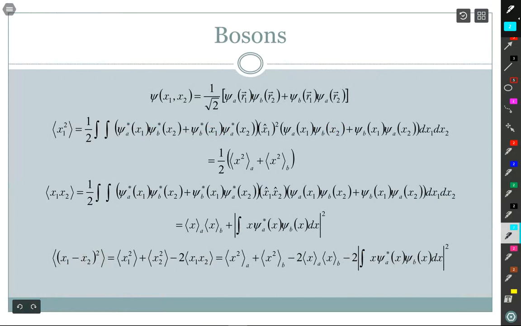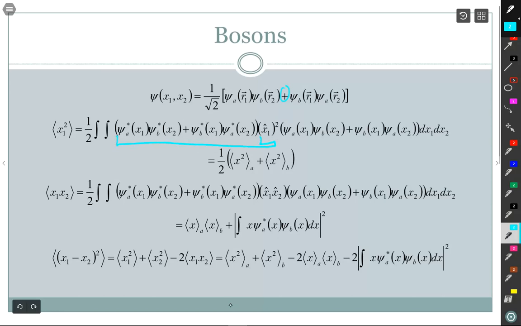Honestly, when I was looking at this, I was like, am I seeing double? Are there 2 copies of this on top of each other? It's kind of dense. So now we're on the bosons. So the bosons, we have a plus sign here because they're the symmetric solution. And so with the bosons, we're going to have something much more complicated.